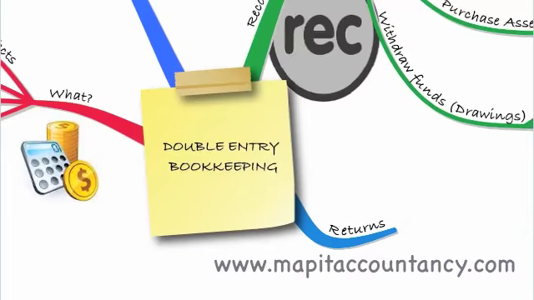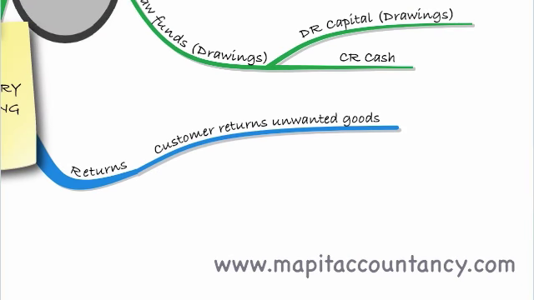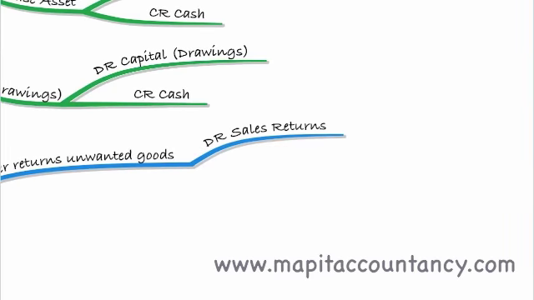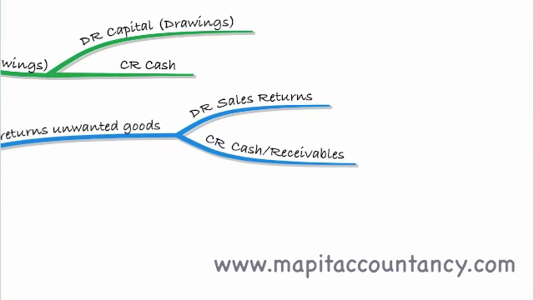So two types of returns. The first is where the customer returns unwanted goods. So we've sold some goods to them. They return them. What are the entries for this? Well, what we will do is we will debit sales returns and we will credit cash or receivables. So we're really reversing what we did. We're debiting sales returns.